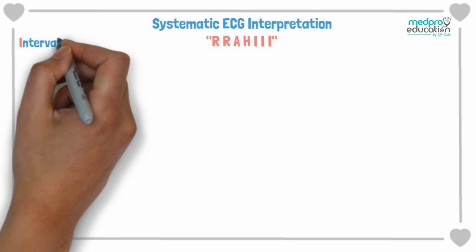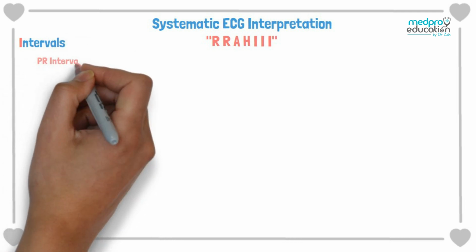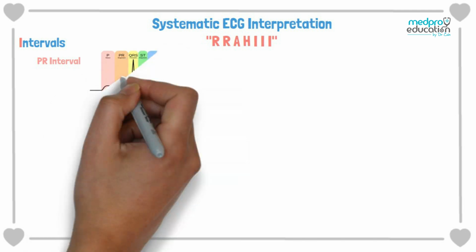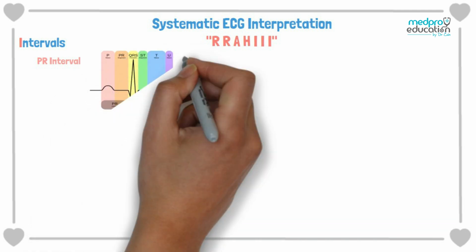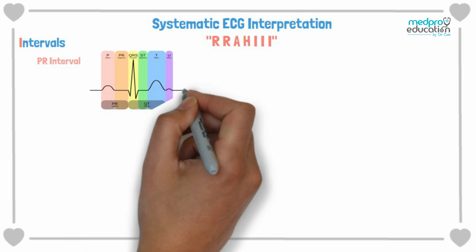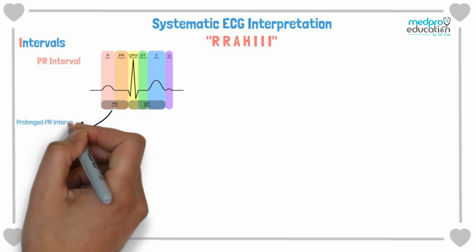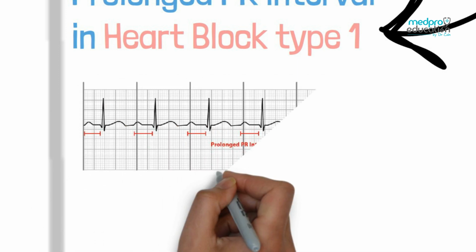Look for intervals. PR interval, it's the time interval from the end of atrial depolarization to the start of ventricular depolarization, should be between 120 to 200 milliseconds. Prolonged PR intervals can indicate atrioventricular, AV, block. Prolonged PR interval in heart block type 1.